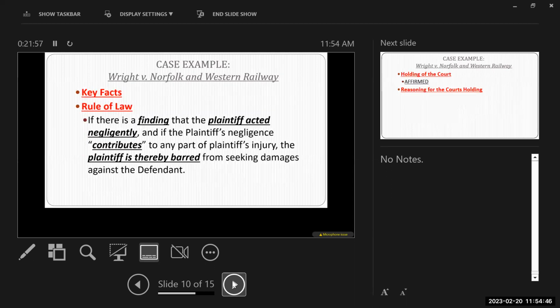Key facts. I'm sure you remembered them. I did not put them on a PowerPoint slide because there's just too many to list here. But let's just go over them real quickly. We have a truck driver who's been a truck driver for some time, who has crossed this railroad crossing several times, so he's very familiar with it and the nuances of it.